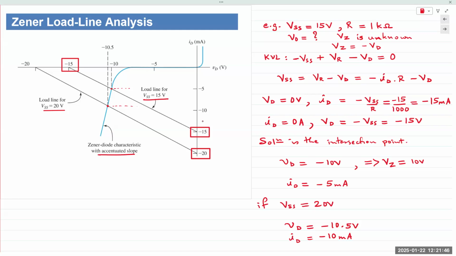Right. And again, load line analysis is something we'll see again for transistors. It's an excellent way to analyze a nonlinear device by isolating the linear circuit and then creating a load line for that circuit.